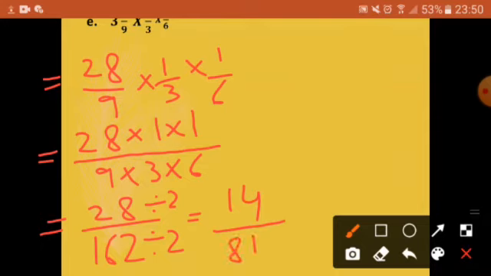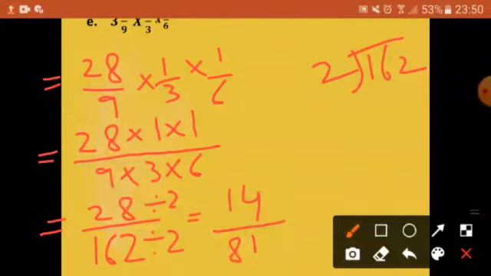Now if you cannot divide it directly, you can use this procedure to get your answer. There is no problem. You can divide and check, because these are even numbers, so I have checked with 2 first. Now see, 14 upon 81.